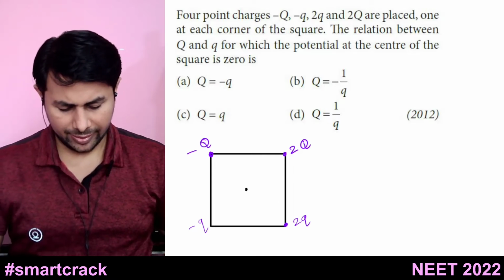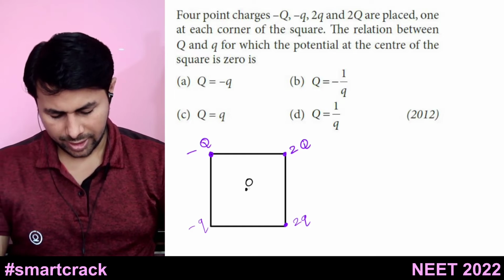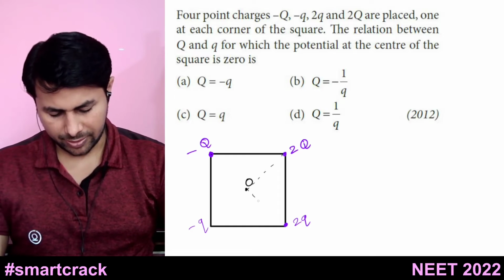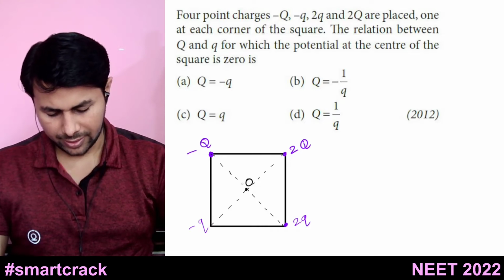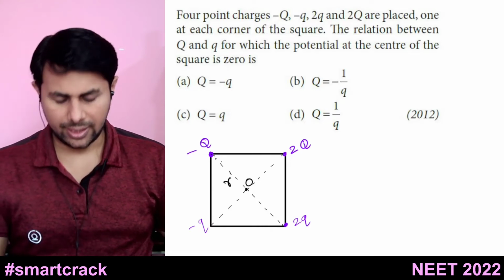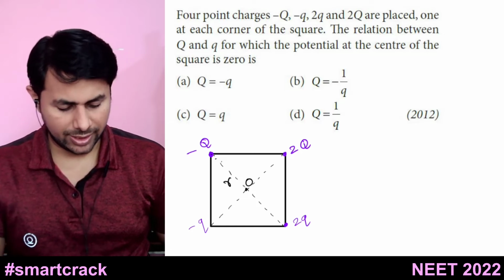So we can say this point is at the same distance from all the charges. It's the center of the square, right? So let's call that distance r. And how much will be the potential there?